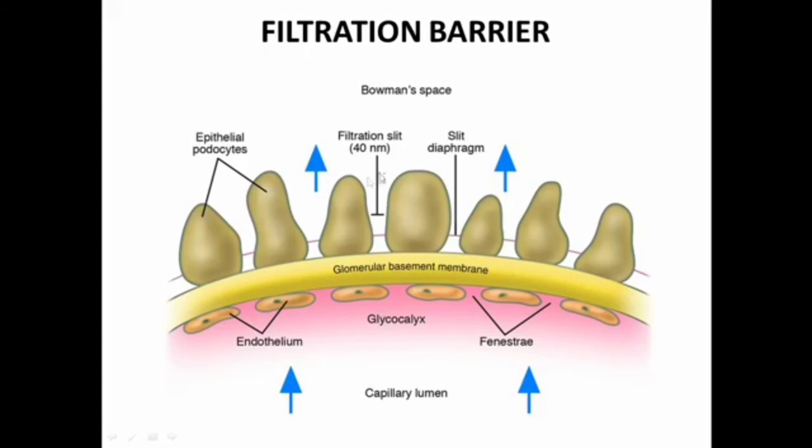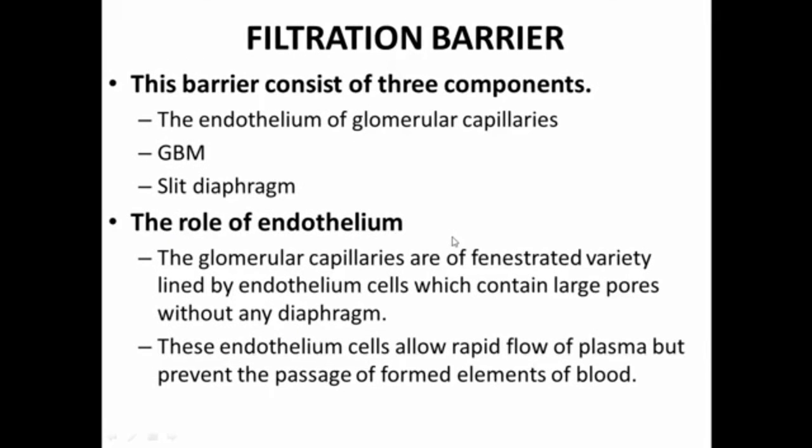In between them is the filtration slit, and this is the 20 nanometer distance, and they are showing the slit diaphragm made up of various types of proteins. Now this barrier consists of three components: the endothelium, the glomerular basement membrane, and the slit diaphragm.